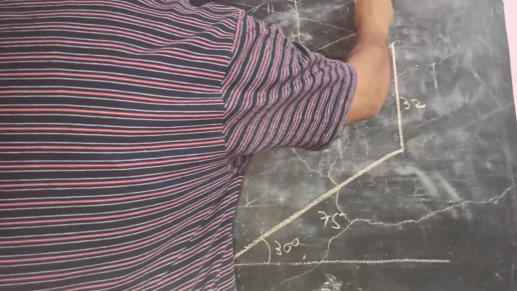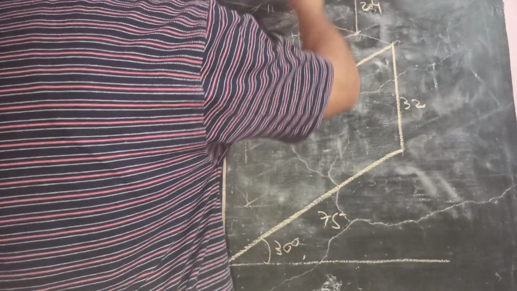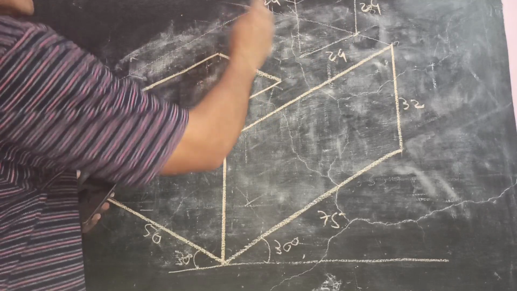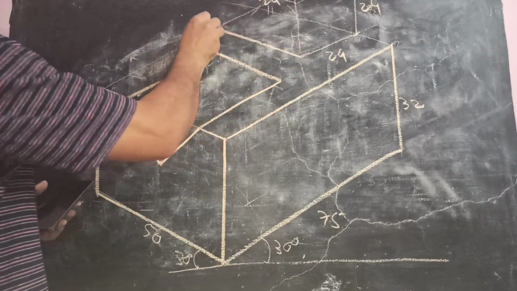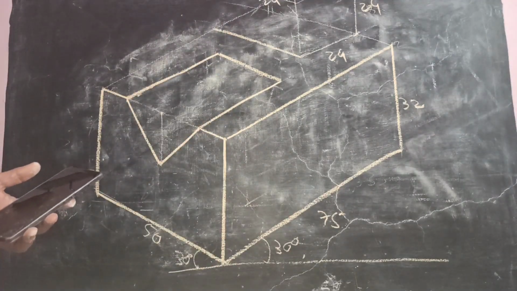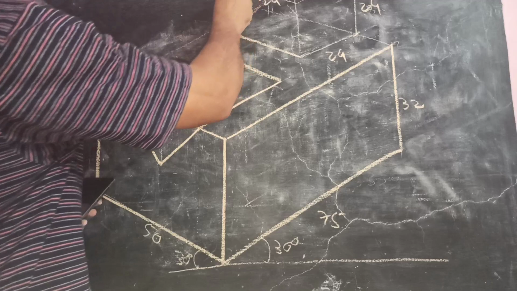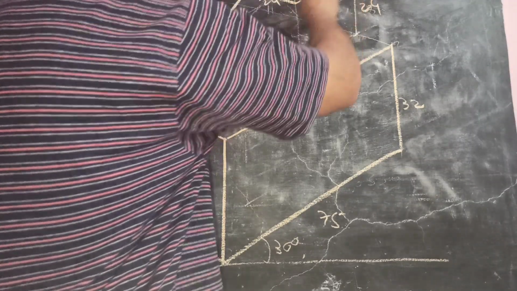The length is 24, and its width is also 24, straight parallel to this. Then draw a line from this corner parallel to this to meet this. And then join this corner with this. This is the inclined surface. So make it dark.